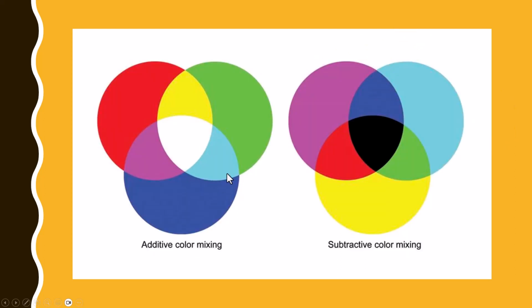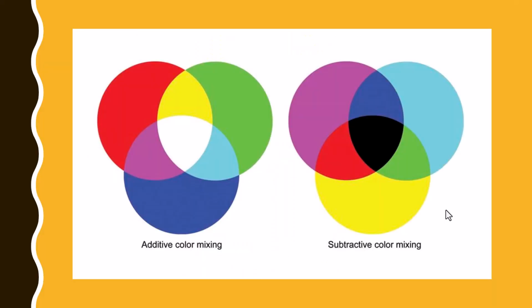Additive color mixing, when you mix everything together, is white light, separated out into red, green, blue, cyan, magenta, yellow as the secondary colors. Subtractive color mixing, we have in print cyan, magenta, and yellow, green, blue, red, and black. The colors are there, they're just in a different organization.